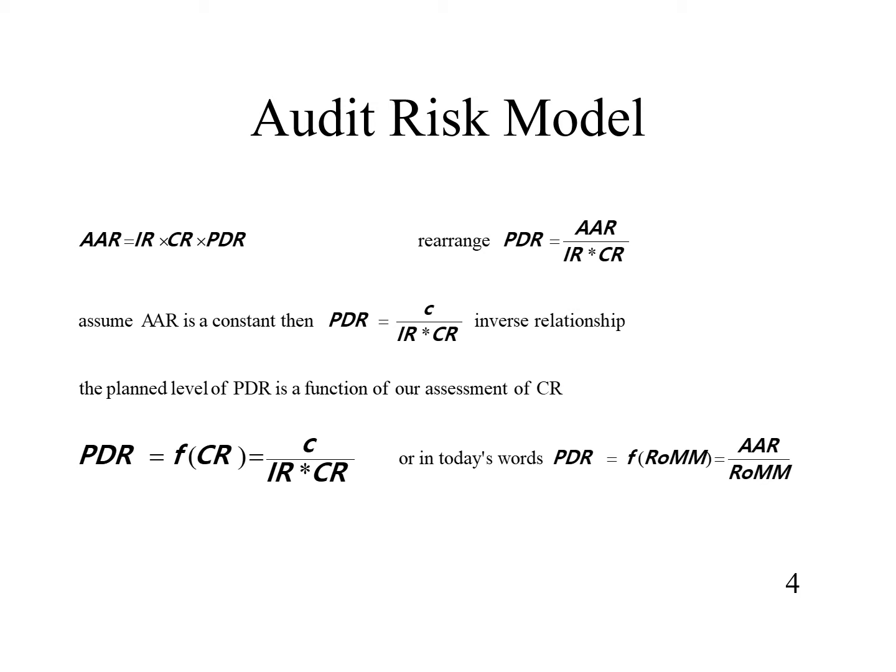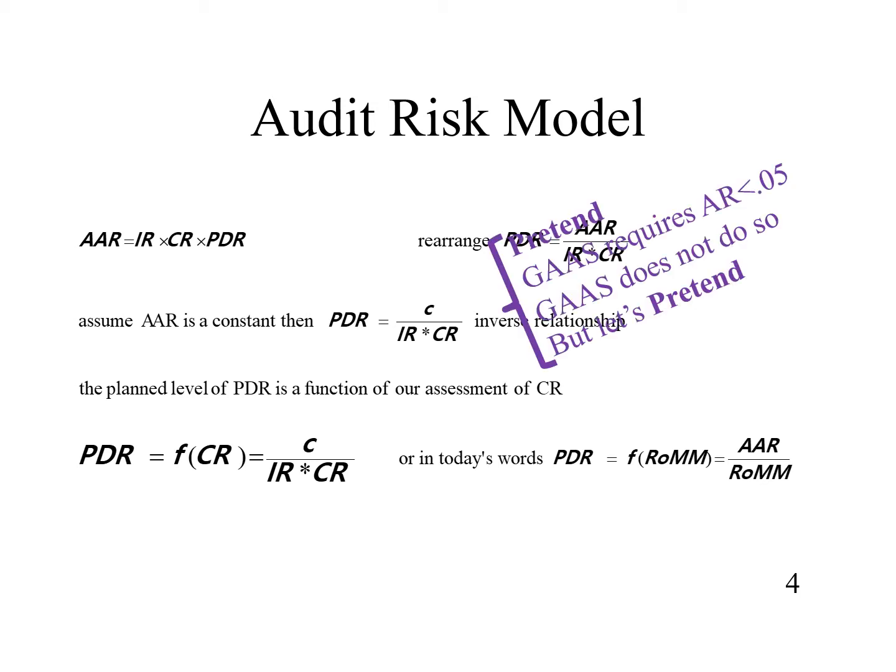Now, if we pretend that auditing standards require audit risk to be less than 0.05, we're going to pretend auditing standards don't require that, but let's pretend that auditing standards require that.